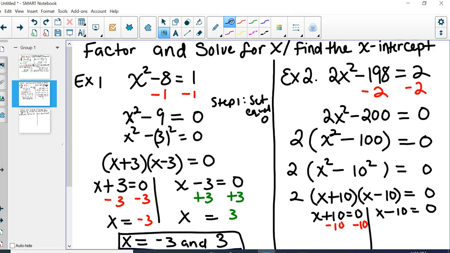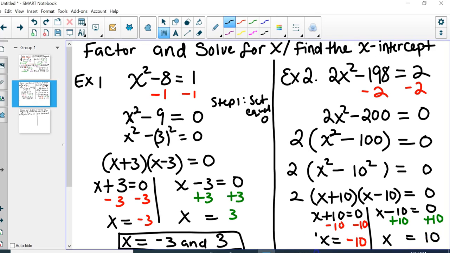I get x equals negative 10. On the other hand, I have minus 10, so I'm going to add 10 to both sides. And I get x equals 0 plus 10, which is positive 10.